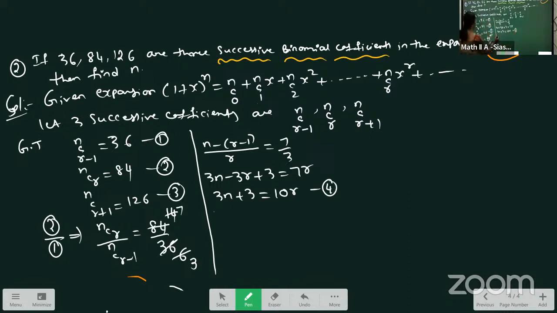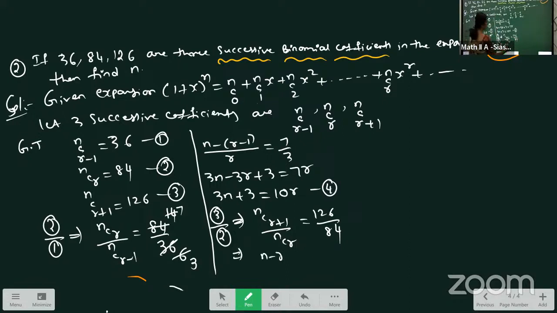Now again, equation 3 divided by equation 2. So here we are getting NC(r plus 1) by NCr is equal to 126 by 84. As per the formula, this can be written as (n minus r) by (r plus 1) is equal to 126 by 84.